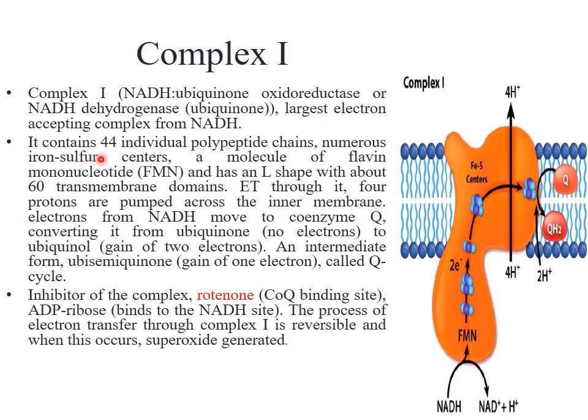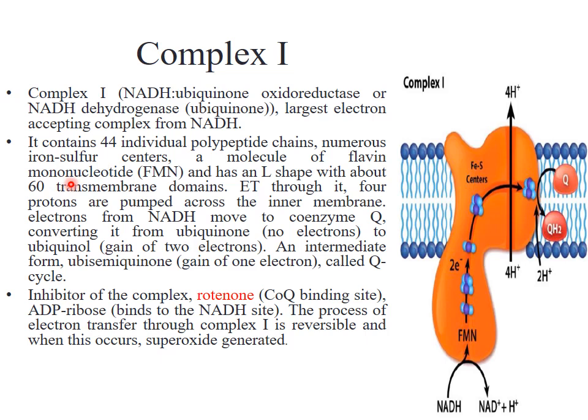It contains 44 individual polypeptide chains, numerous iron-sulfur centers, a flavin mononucleotide molecule, which is called FMN, and has an L shape with about 60 transmembrane domains.